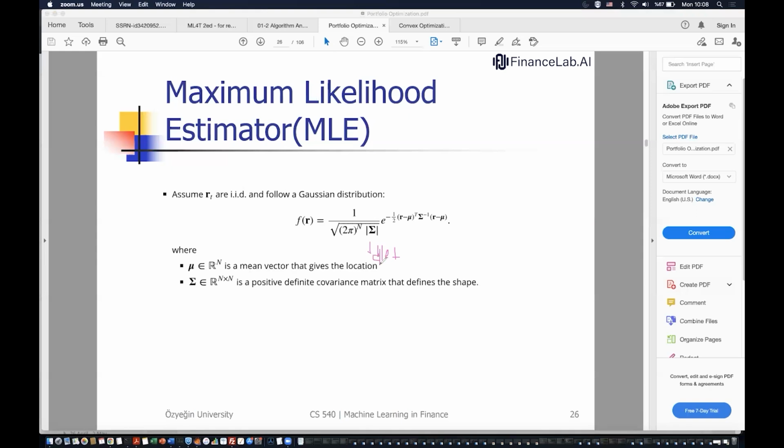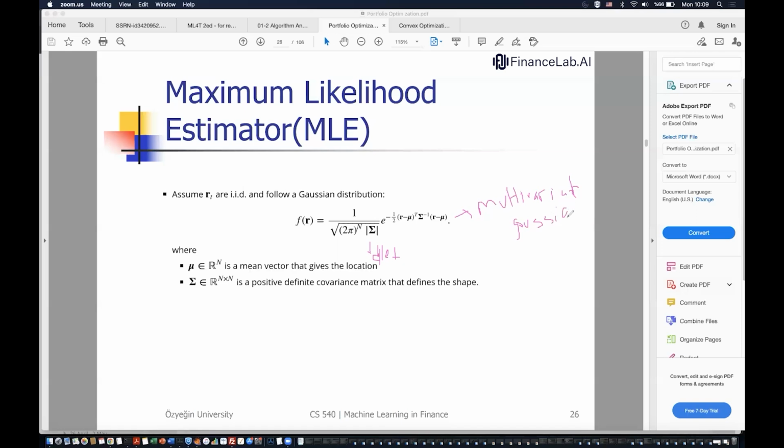In the exponent, we have minus 1 divided by 2 times R minus the mean, transposed, times the inverse of the covariance matrix, times R minus the mean. So this is a multivariate Gaussian.